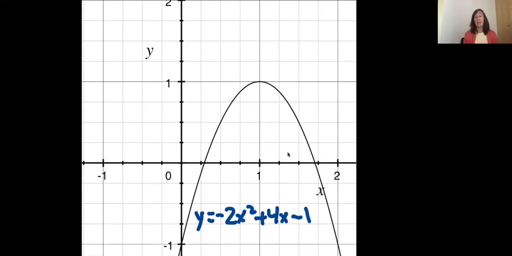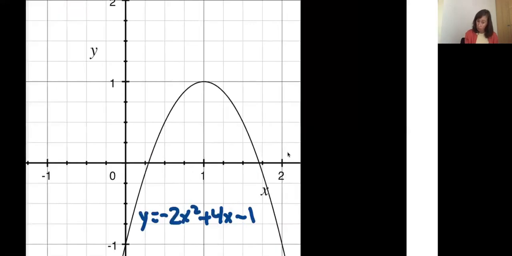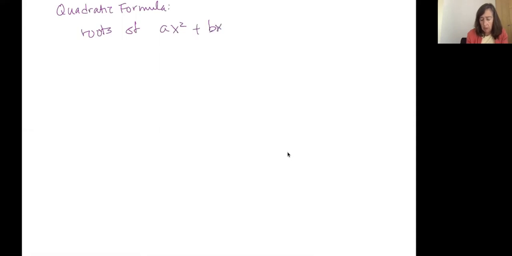I think I hinted in the previous lesson that there is an alternative to the guess and check method. There's a formula called, word of the lesson, the quadratic formula. The quadratic formula gives us the roots of any quadratic of the form ax squared plus bx plus c.